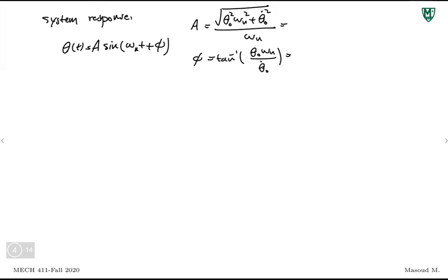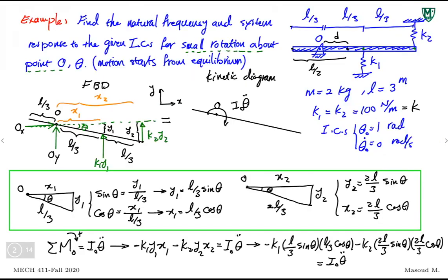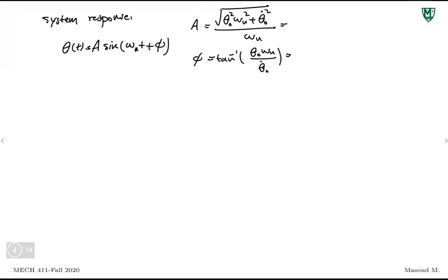So going back, we know theta naught is 1. Theta naught dot, the initial velocity, is 0. So this goes away, and this is omega n over omega n. This becomes 1. Remember, it's in radians, the unit for amplitude, because it's a rotating system. And phi, well, theta naught dot is 0.